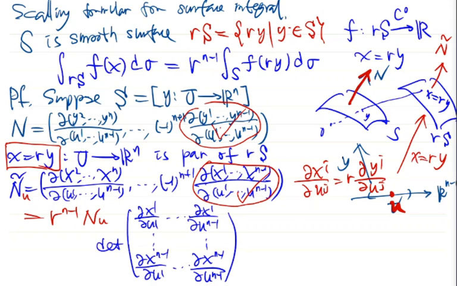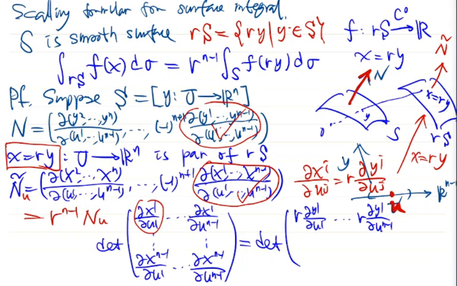Okay? Now, these entries are r times those of y. So we write this as the determinant with entries r dy1/du1, r dy1/du(n-1), down to r dy(n-1)/du1, r dy(n-1)/du(n-1). Okay?